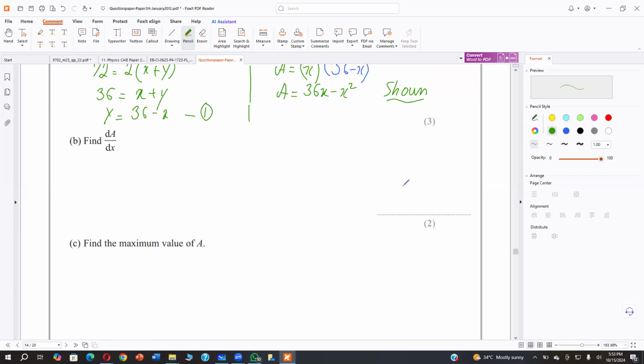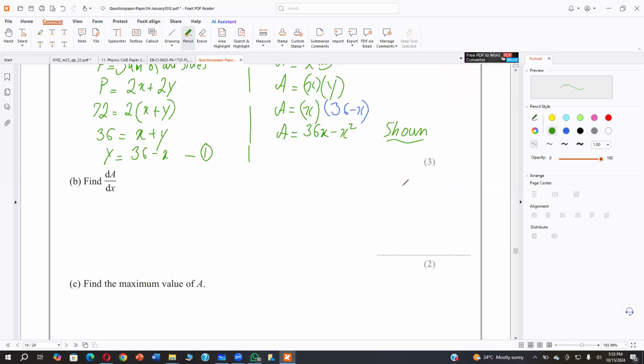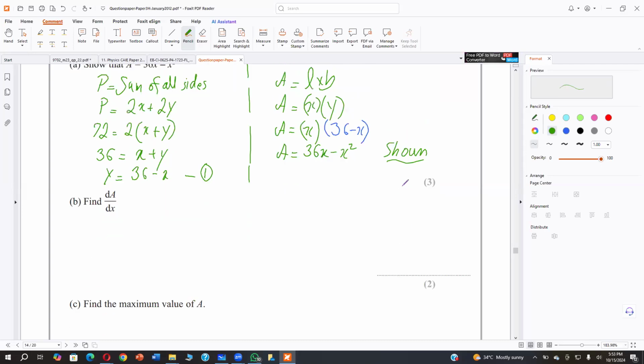In the second part, the question says dA upon dx. I mean, differentiate it. So what we get if we differentiate it? I got 36 minus 2x.